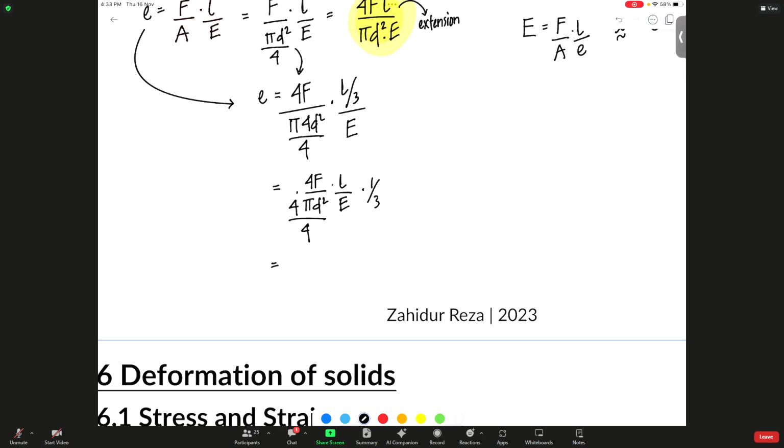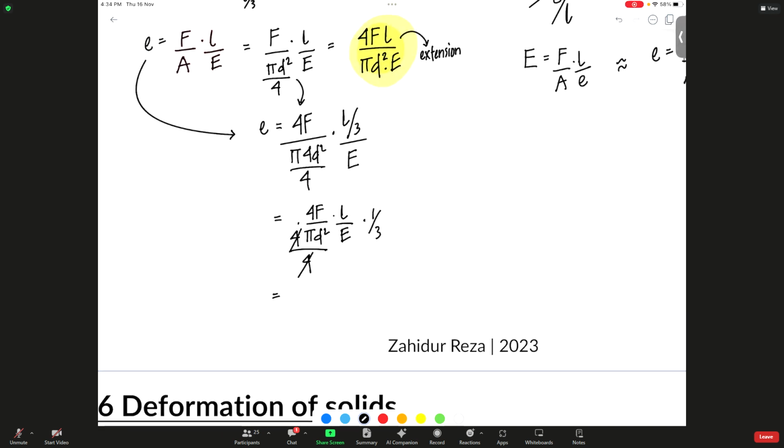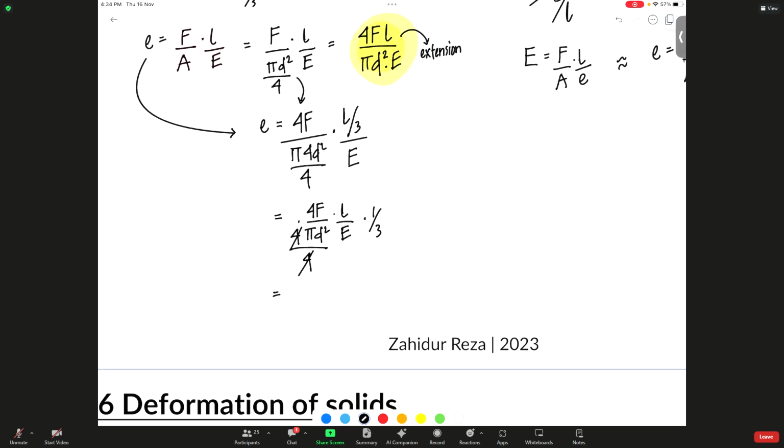So once I do that, you'll find that this 4 and this 4 cancels out if I want to match the original value, তাহলে এখানে কি আসে, 4f divided by pi d square times L by E, and what's the coefficient outside? 1 by 3. Now, can you tell me what is this expression here? 4f by pi d square L by E? E, right? So therefore, it's E by 3.